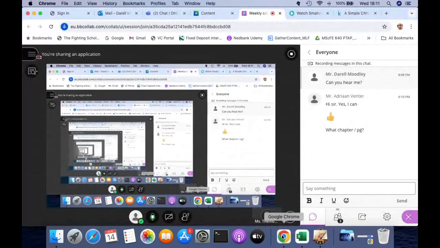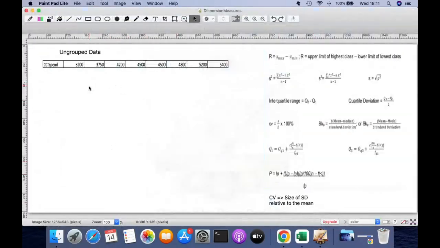Chapter and page. So we are on Learning Unit 3. I don't really have the textbook with me right now, but Learning Unit 3 is central measures and dispersion measures. Let me see if I can get my textbook.